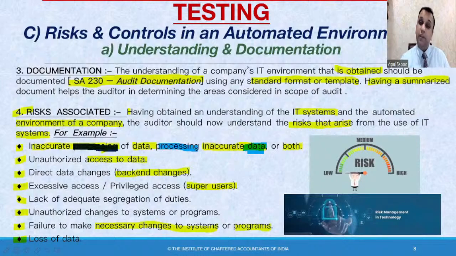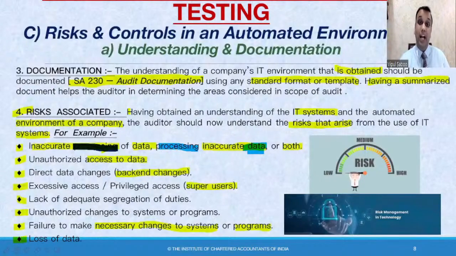But if somebody has accessed the system and while editing or making changes to any file or any business information or data maintained in the system, the application software doesn't allow it, it gives an error message. That means people are able to access the data, but they are not able to make changes to the data.